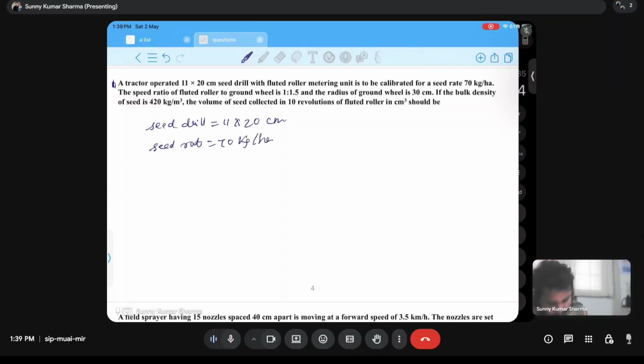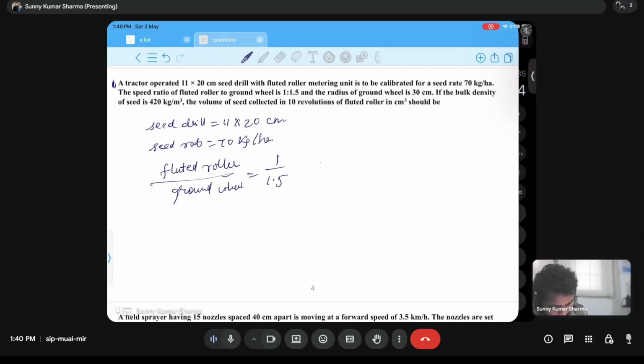The speed ratio of fluted roller to ground wheel is 1 is to 1.5.